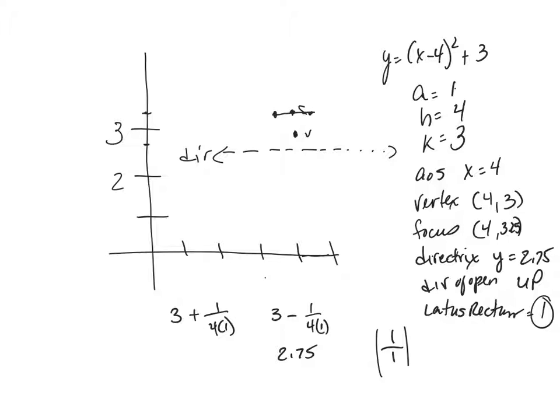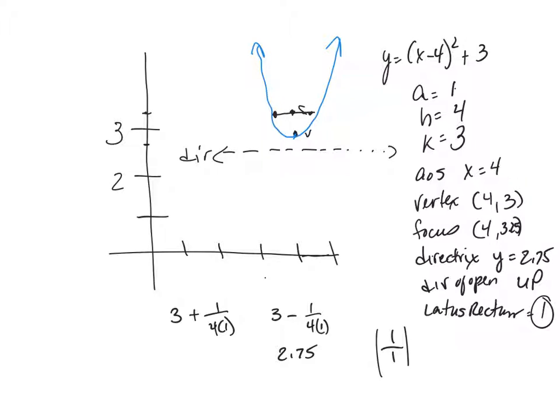That's going to tell you how wide the parabola is, okay? So you always do it off the focus because, of course, at the vertex there is no width because it's just a point, and then it's going to flare out like a parabola. So this is just telling you where to put your line. And then when we draw it, we're going to connect the end of the latus rectum on that side and the end on this side as well as you can, and you've graphed the parabola.